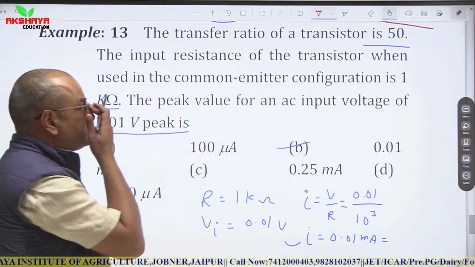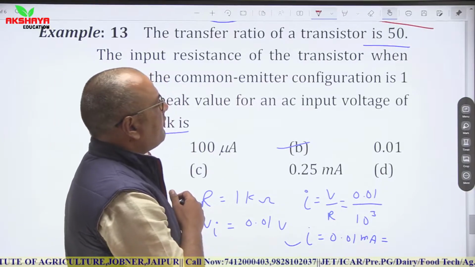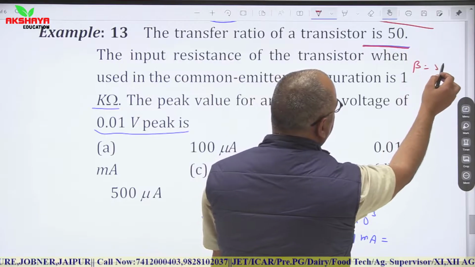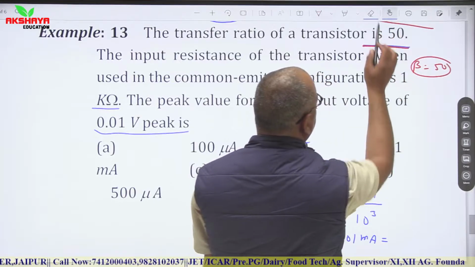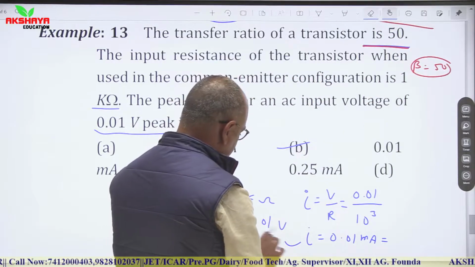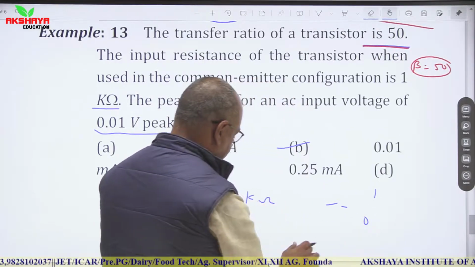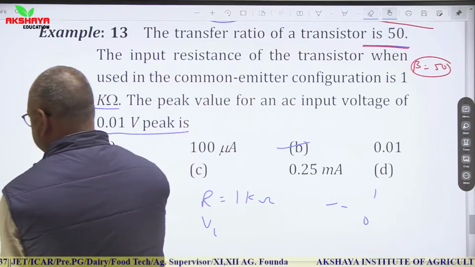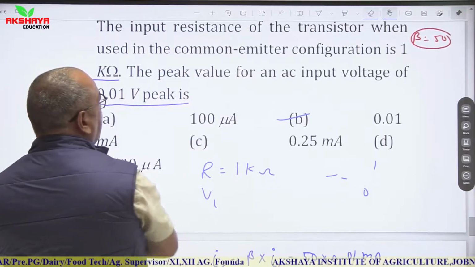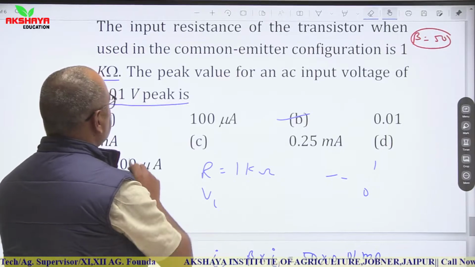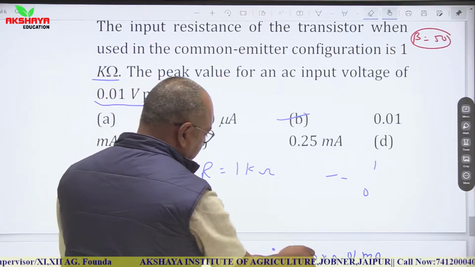So the next question is, the transfer ratio of a transistor is 50. Transfer ratio means beta. So we are given beta as 50. Then the input resistance of the transistor when used in common emitter configuration is 1 kilo ohm.